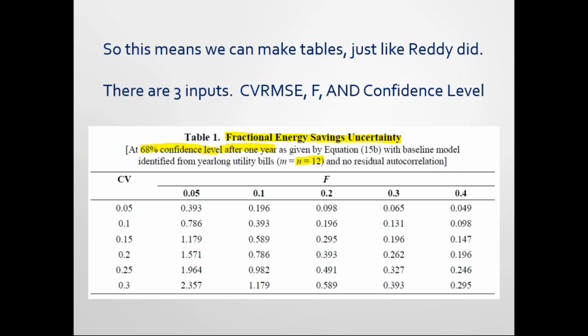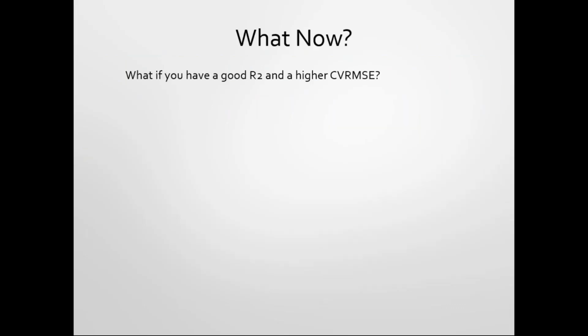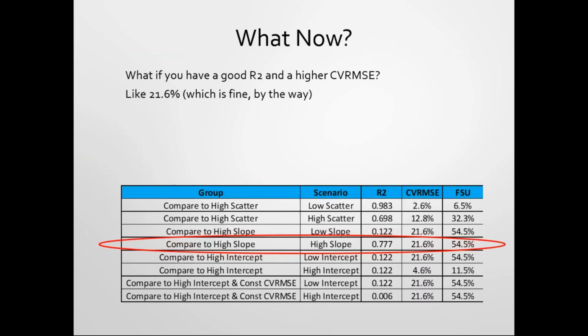So like I said, you can make tables. There are 3 inputs: CVRMSE, F, which means the fractional savings, how much you expect to save, and the confidence level. Okay. What if you have a good R squared, higher CVRMSE? Like this one right here. I circled one. So that's a good fit, right? R squared is 0.77. That's good.